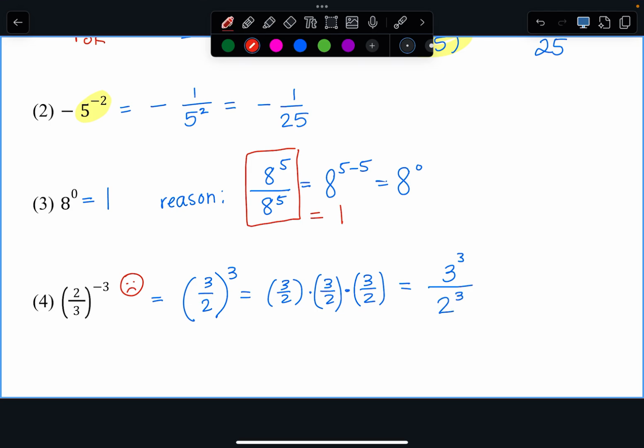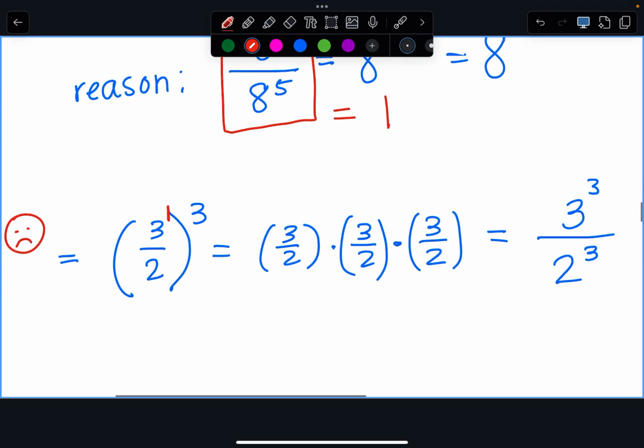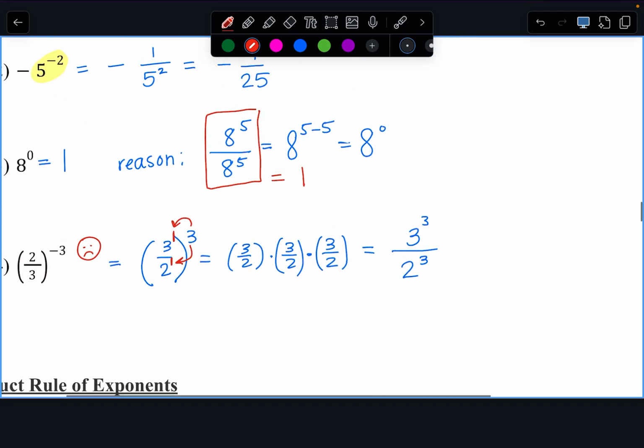What's even cooler about this, when it's written this way, I can put little exponents of 1, because when there's no exponent, it's an exponent of 1, and I can distribute the 3 to all exponents inside. That's what that means. But you have to write the exponent in. It's not 3 times 3, it's 3 to the third. It's not 2 times 3, it's 2 to the third. Okay? Now, what is 3 times 3 times 3? 27. And what is 2 times 2 times 2? Ta-da!